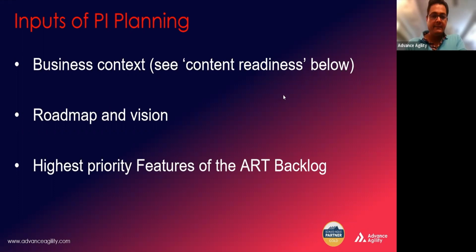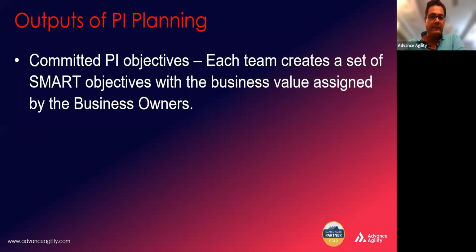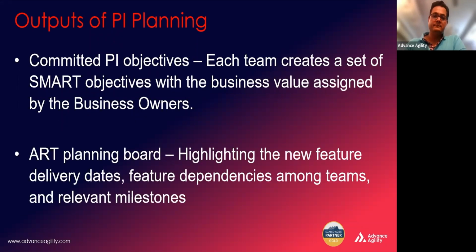During the PI planning, all the teams come together, they plan together, they identify the dependencies, they highlight risks and impediments, they create objectives, and they finalize their plans as objectives and produce outputs, which are committed PI objectives for each team and a program board, which is a plan on a page that we call ART planning board. So those are the outputs that we produce.